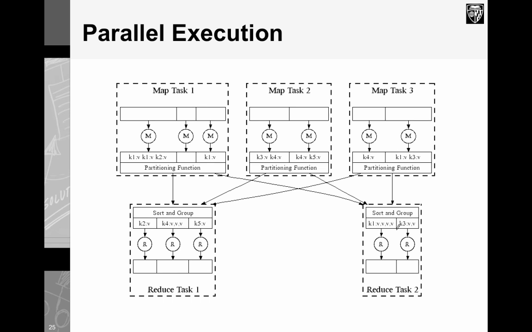So if you have a really large file, the large file will be broken down across multiple machines, and each machine will run one or more map tasks, and each map task will process its output. So as you can see, there's a map task, a map task, a map task running on 3 different machines. This is machine 1, machine 2, and machine 3.